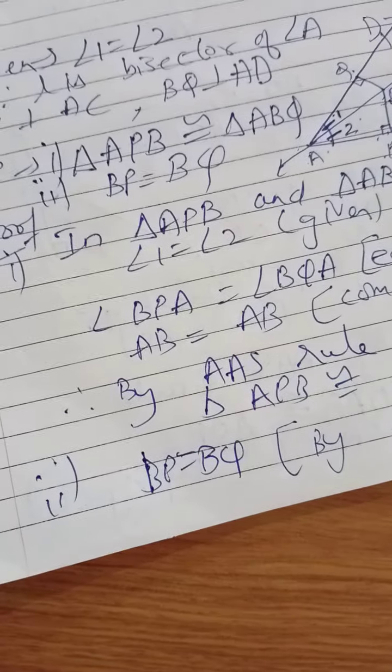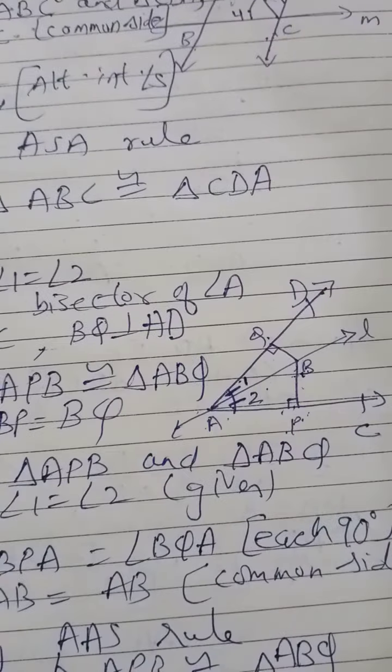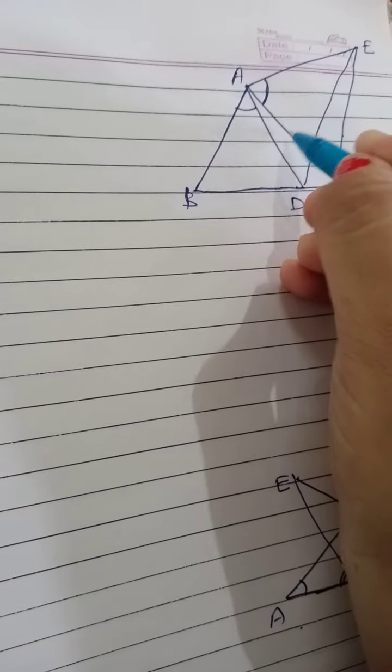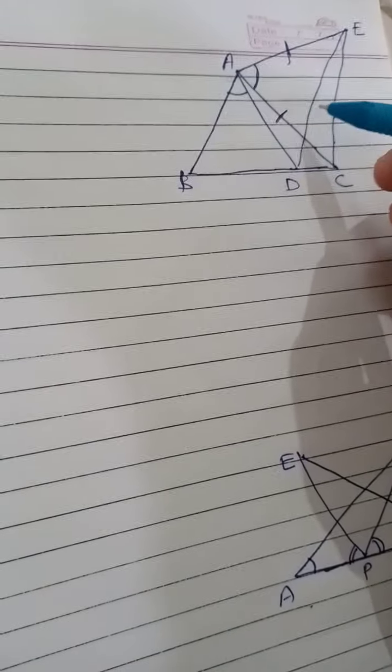Okay. Now next, moving to question number 6. What is question number 6? I have made this figure for you. Now they are saying in this figure AC is equal to AE. These lines are equal.